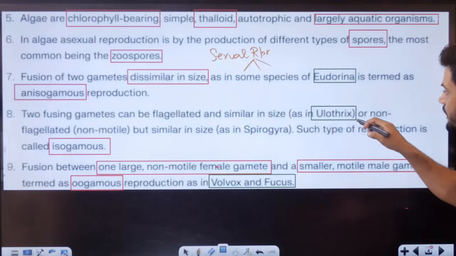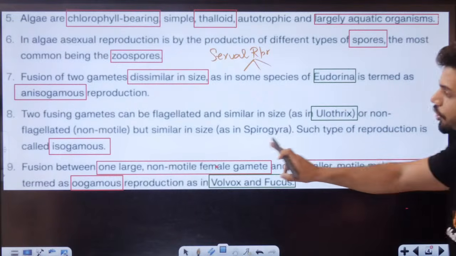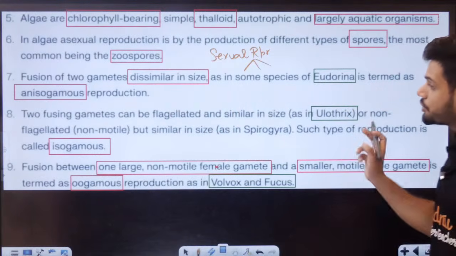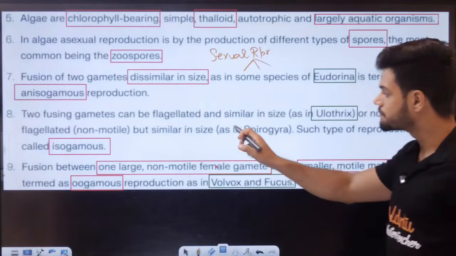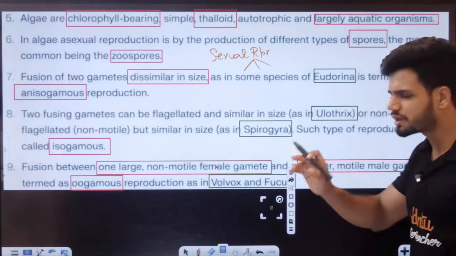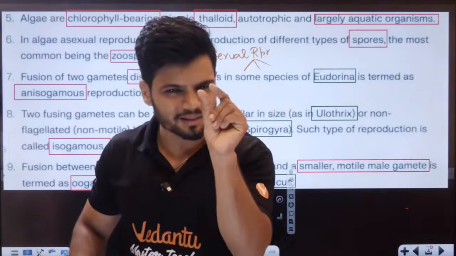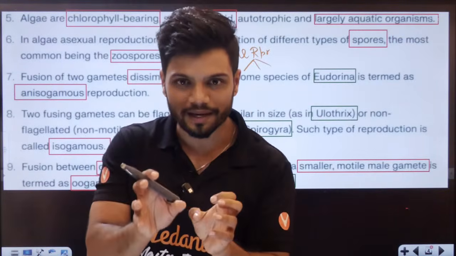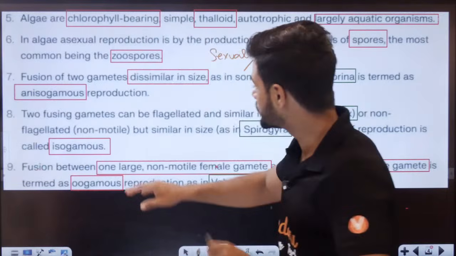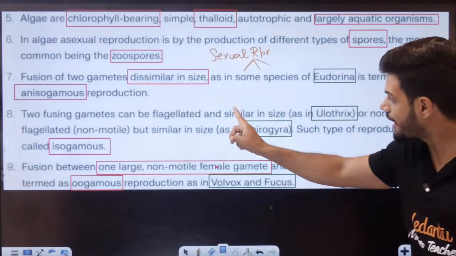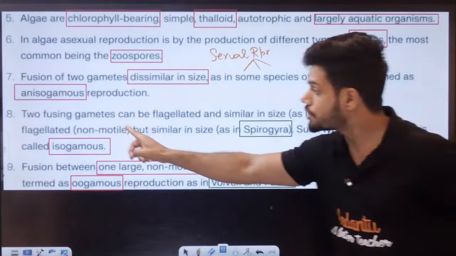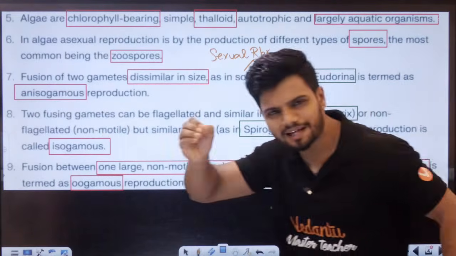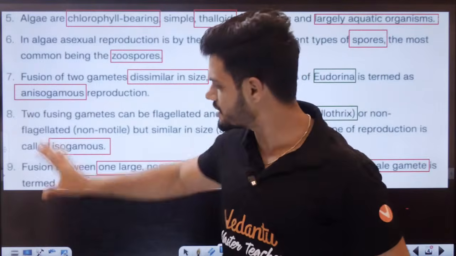The example is Ulothrix. So Ulothrix is an example of motile similar gametes. Now what about non-motile similar gametes? Spirogyra. It will take a little time to remember this, but it will be done easily. So motile same gametes is Ulothrix, and non-motile but same in size is Spirogyra.